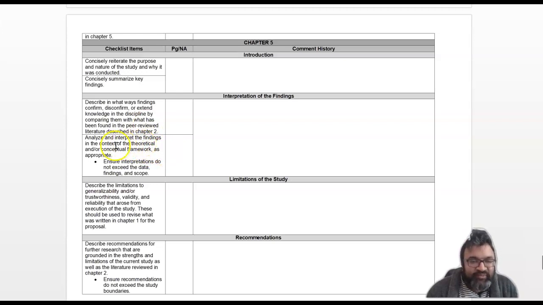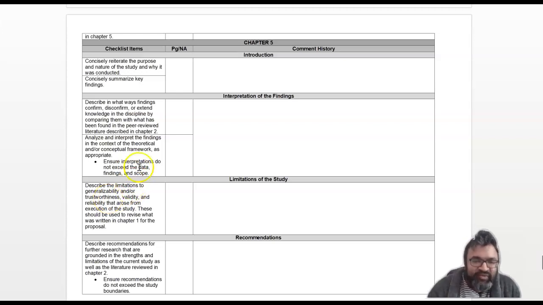So, analyzing and interpreting the findings in the context of the theoretical and conceptual framework. This is also important. Some of my students initially forget to do this. You have to tie this back into the conceptual theoretical framework that you introduced in Chapter 2.